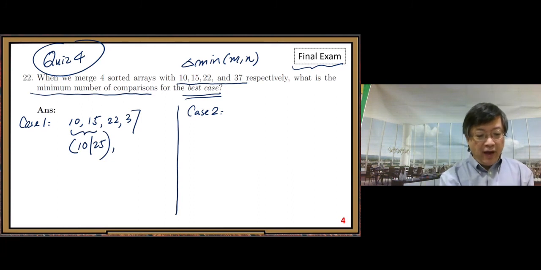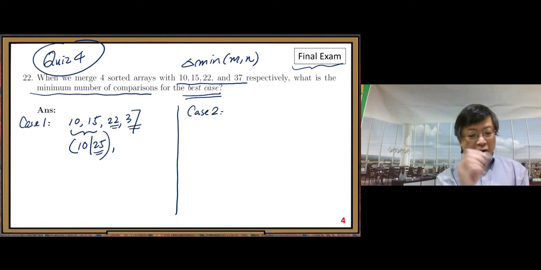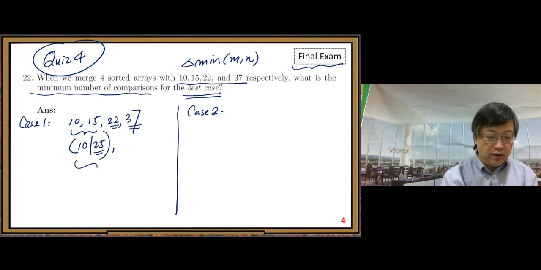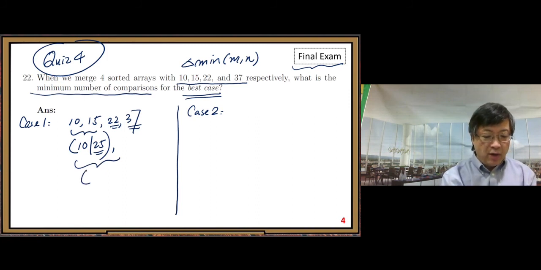Then next we have these three arrays we need to merge. We still pick the two smallest array sizes to do the merge. These two. When we merge, the number of comparisons is the minimum of these two sizes, that's 22, and the total array size 47.